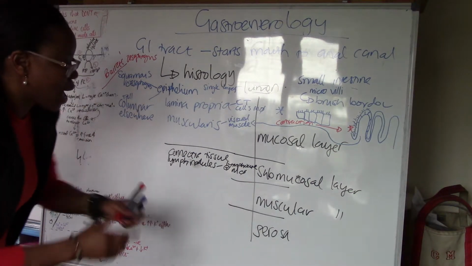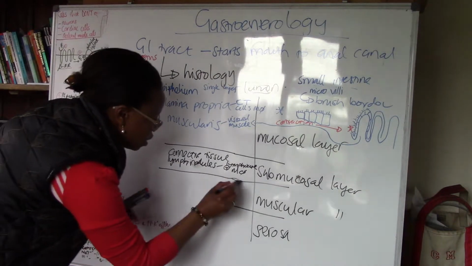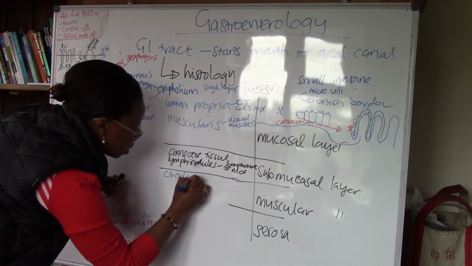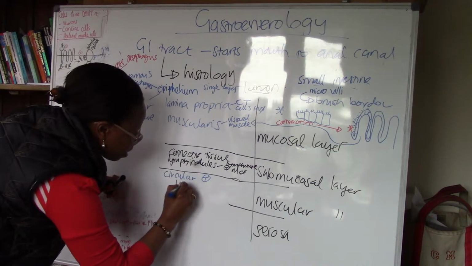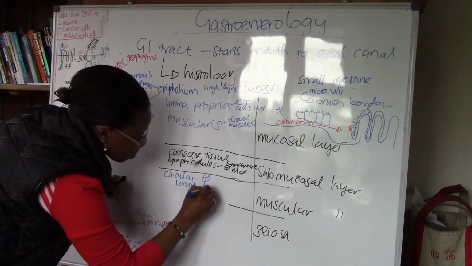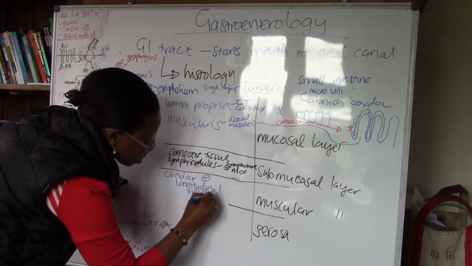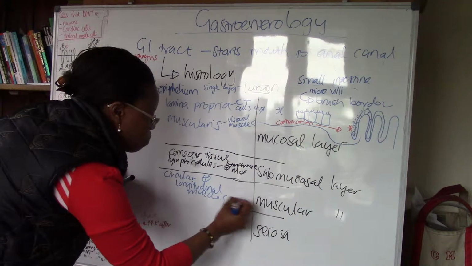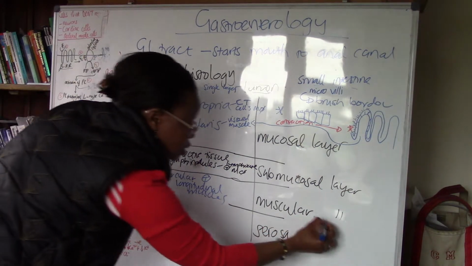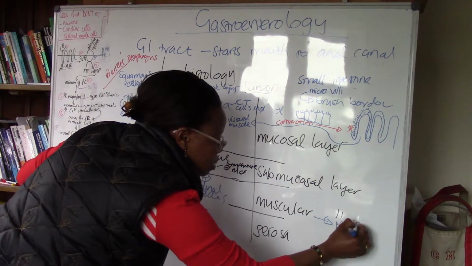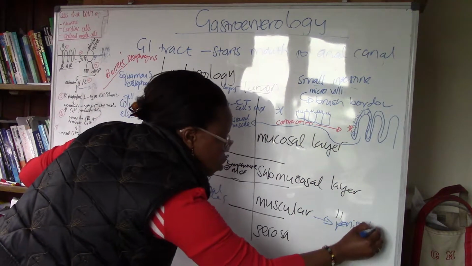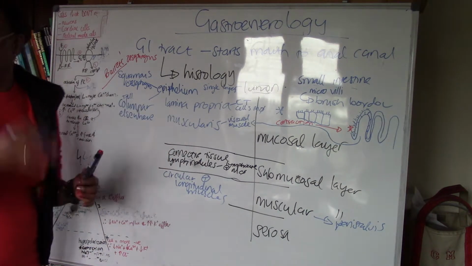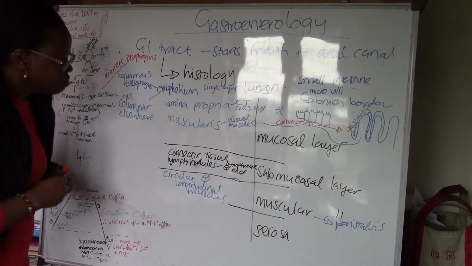And then the muscular layer will have circular and longitudinal muscles, which are responsible for peristalsis, which is the movement of the food bolus, the food that has been ingested, all throughout the GI tract.